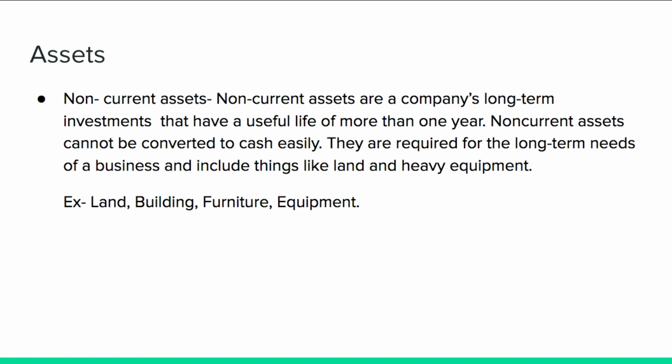Now from this we can understand some of the differences of current and non-current assets. The current assets are equal to cash or will be converted to cash within one operating year, and non-current assets will not be converted into cash within 1 year. Current assets are used to fund immediate or current needs.